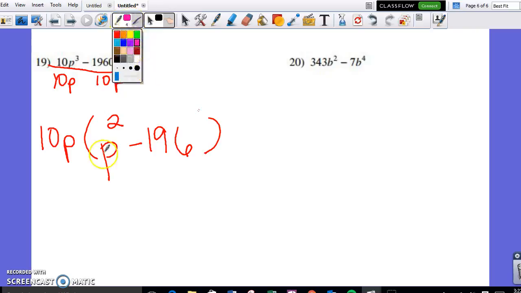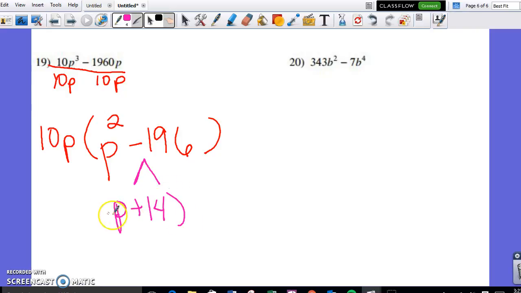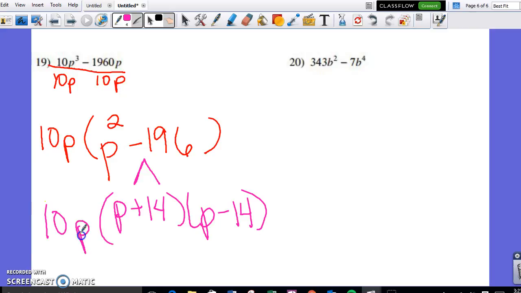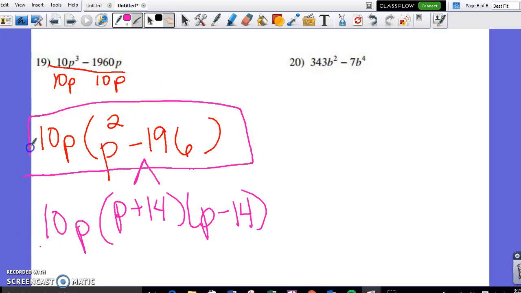Self, is there a difference of squares here? Because I just took out the GCF. Yes, it is. So this is actually p plus 14 and p minus 14. I had to think for a second. And then you keep the GCF there. So all I did was take it from this part and break it down again.